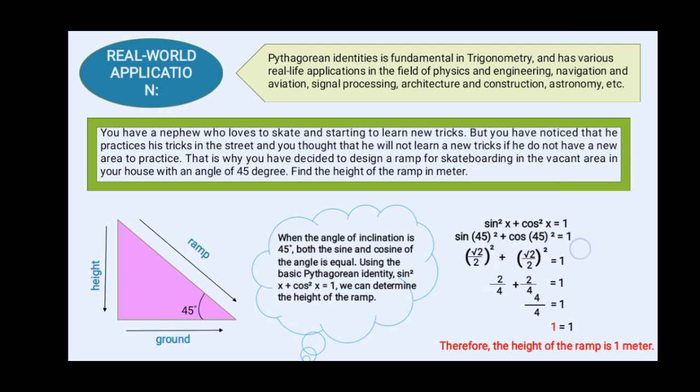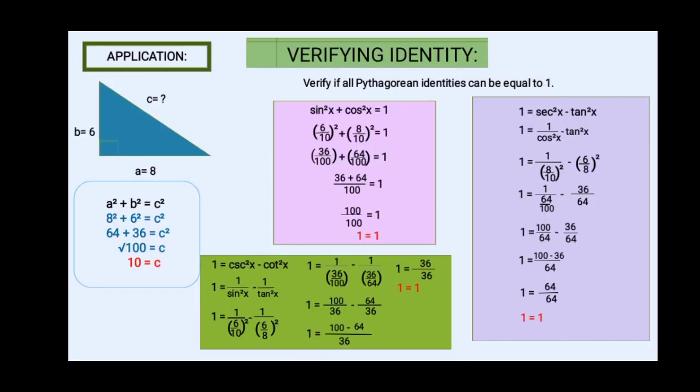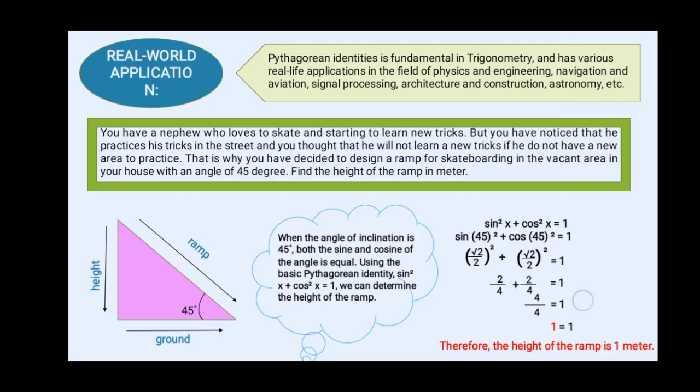Square root of 2 squared is square root of 4, and square root of 4 is 2, and 2 times 2 is 4. Since they have the same values, we copy this here and add them. It is 4 over 4 plus 4 over 4, which is equal to 1 and 1. Therefore, the height of our ramp is 1 meter.